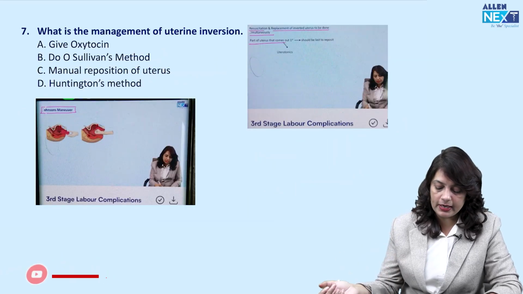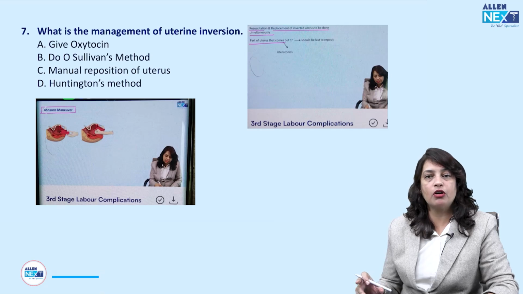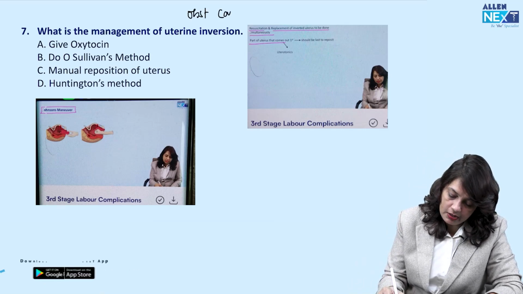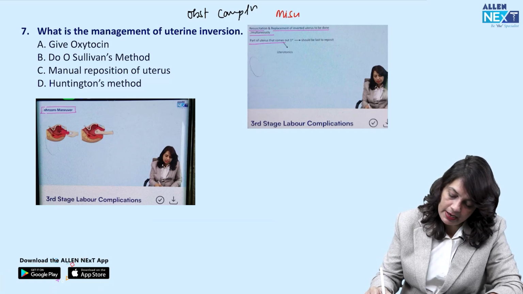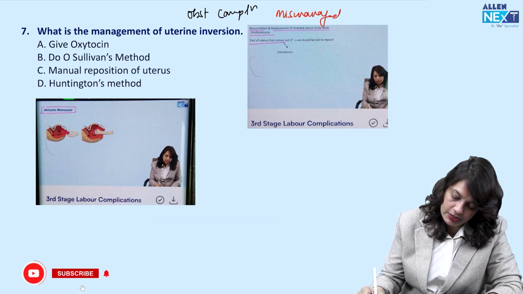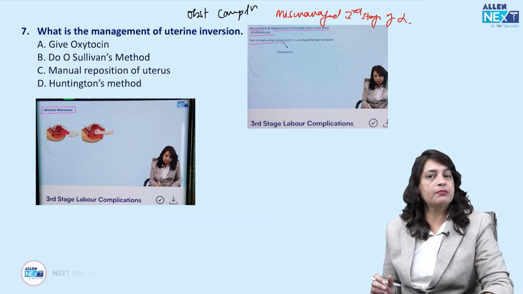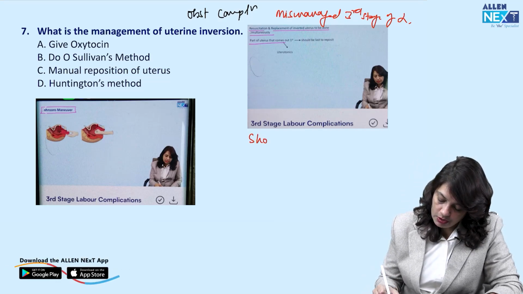Next, what is the management of uterine inversion? That is acute inversion of uterus, which is an obstetrical complication, and usually this occurs due to a mismanaged third stage of labor, and the patient goes into shock.